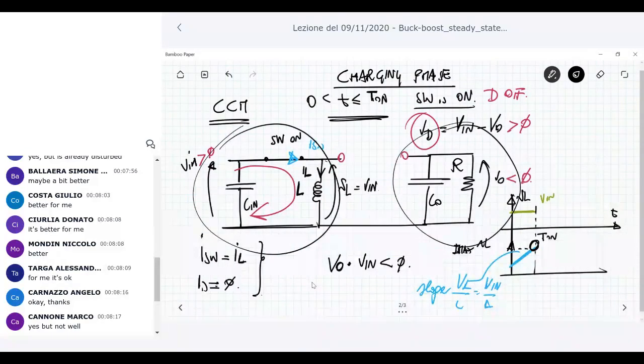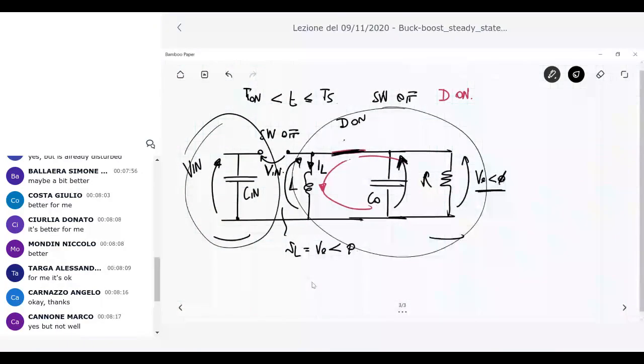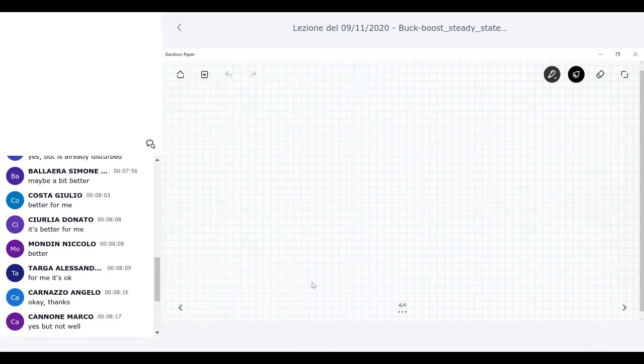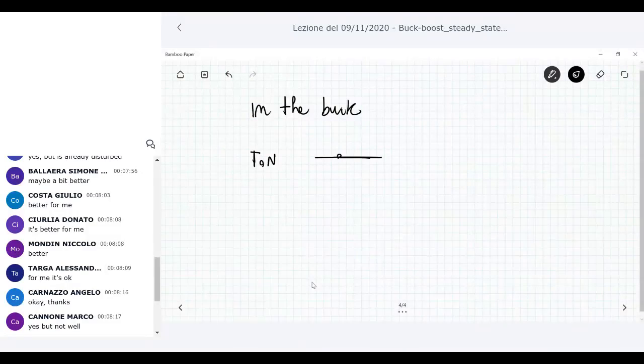This happens during T on, but as in the boost, it also happens during T off, in which the input side is separated from the output side. This is a specific feature of the buck boost. In the buck, this does not happen. For example, in the buck, if you consider what happens during T on, in the time interval in which the switch is closed, you have something like this. The switch is closed.